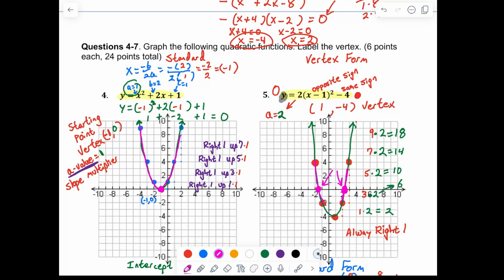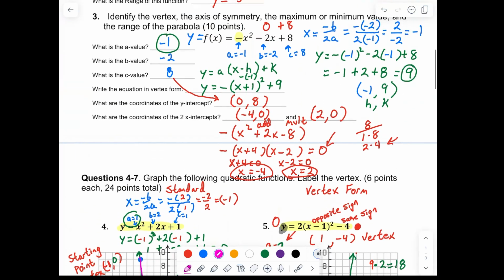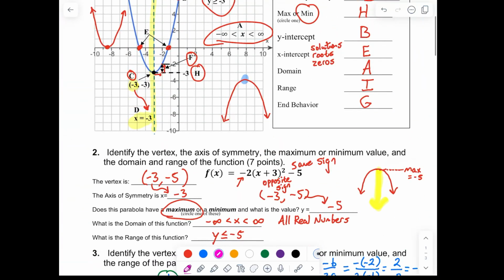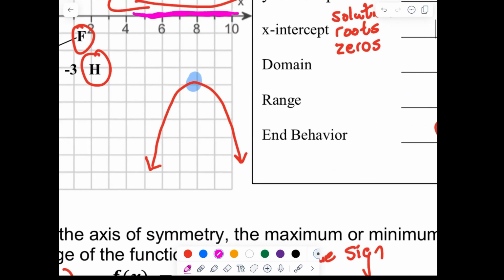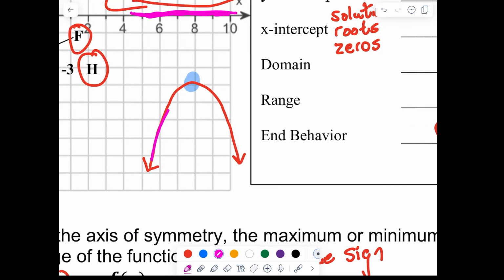And that's why, like I said earlier on, x-intercepts are the same thing as solutions.